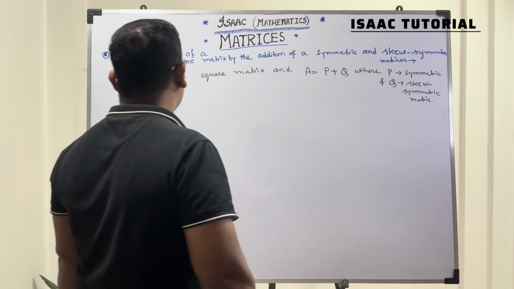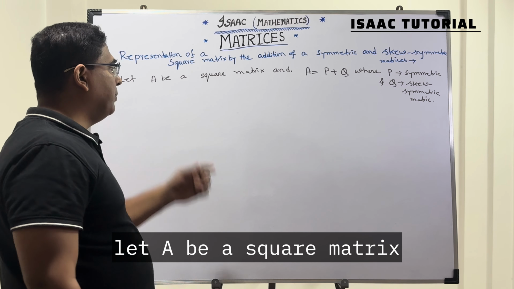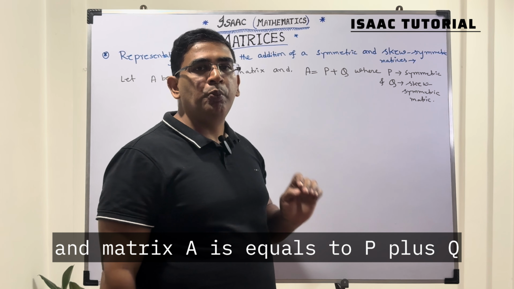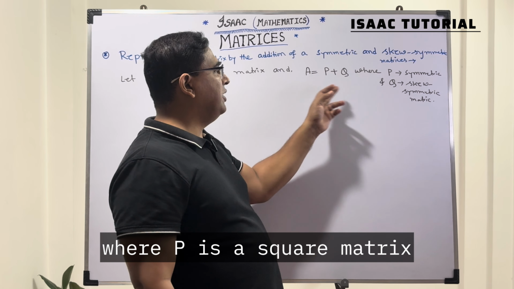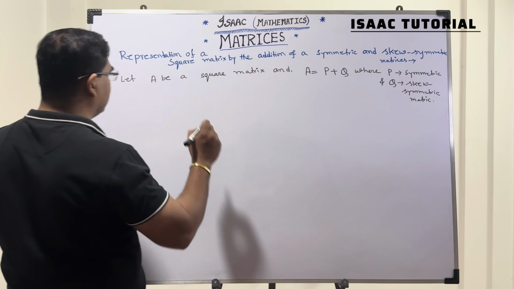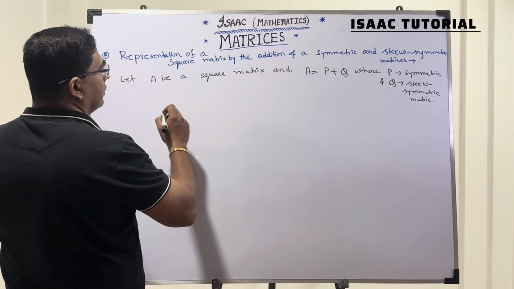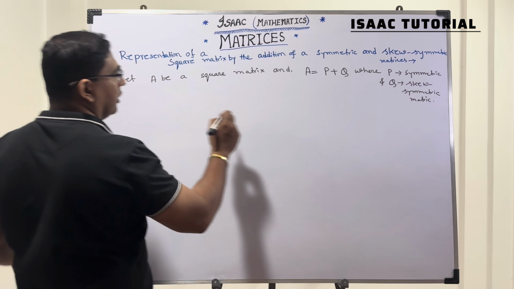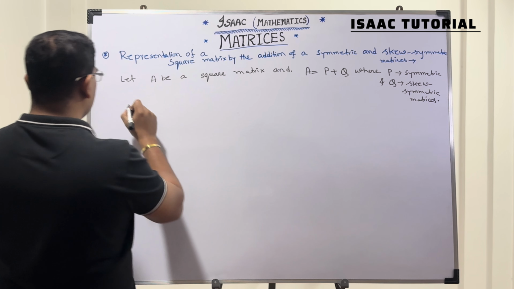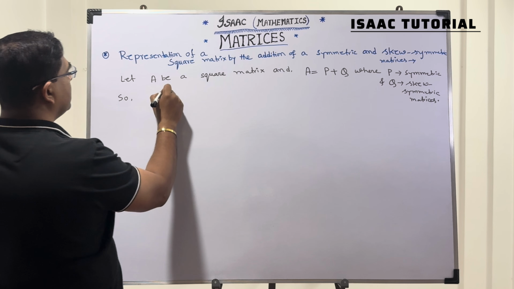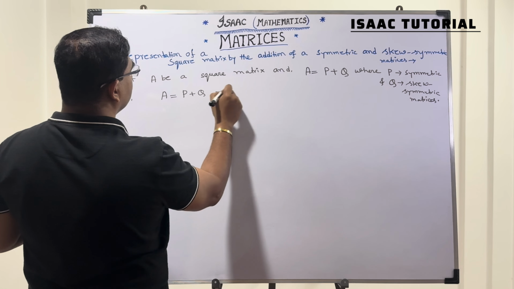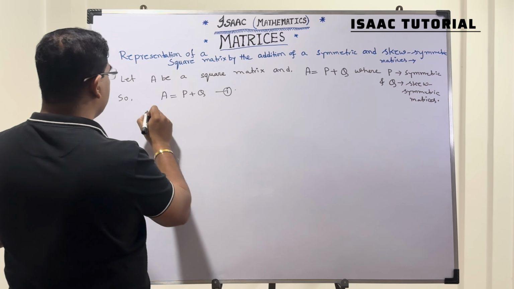So let A be a square matrix and matrix A is equal to P plus Q, where P is a symmetric matrix and Q is a skew symmetric matrix. So matrix A is equal to P plus Q. This is relation 1.